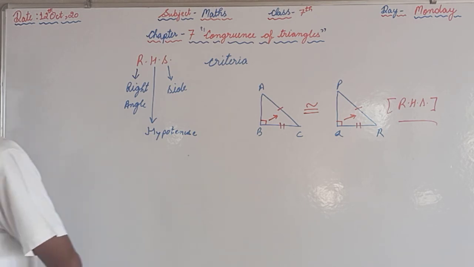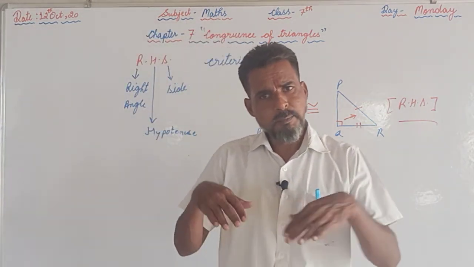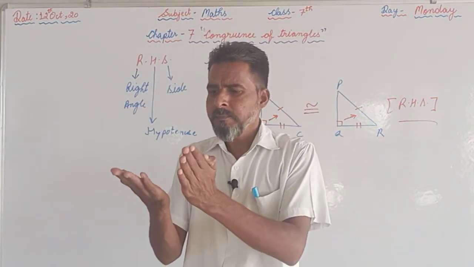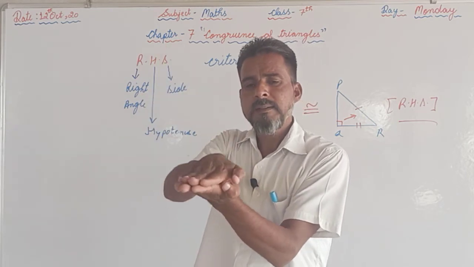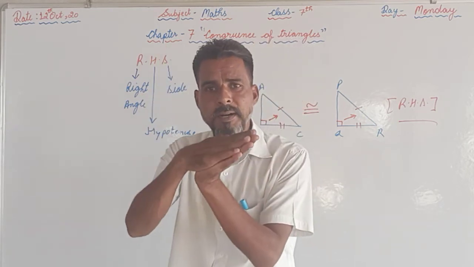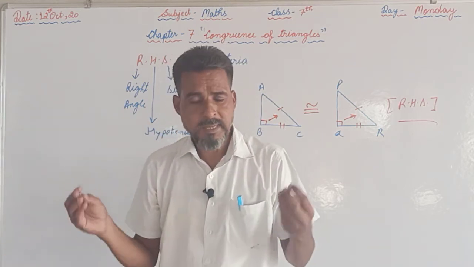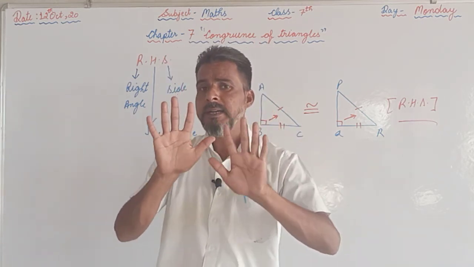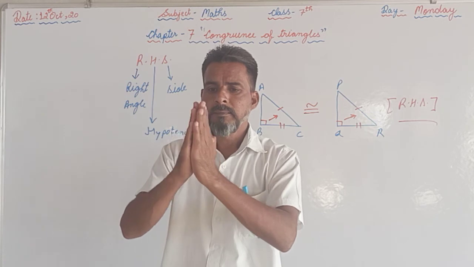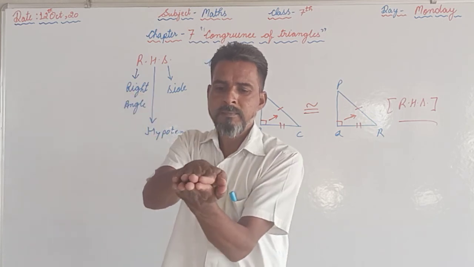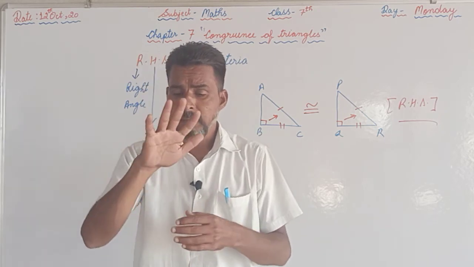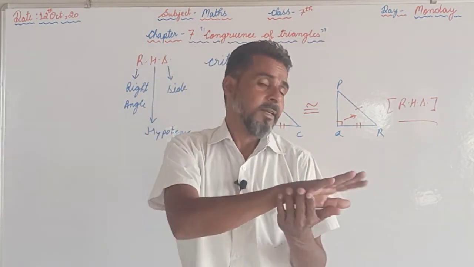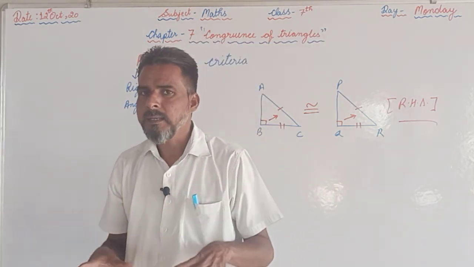So these are the 5 criteria which we can use to prove whether the given triangles are congruent or not. One more thing is that congruent means if we put one figure upon another figure, then the figures will completely overlap each other. An example of congruent figures is our hands. If you put one hand on the other, it will completely overlap. But if we put our hand on our friend's hand, it will not cover that hand completely.